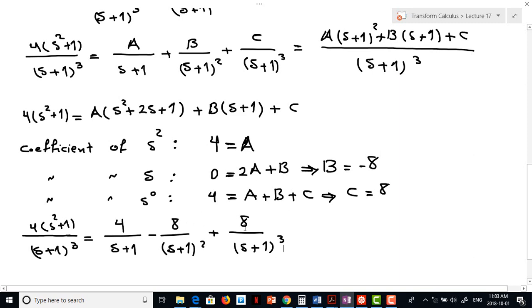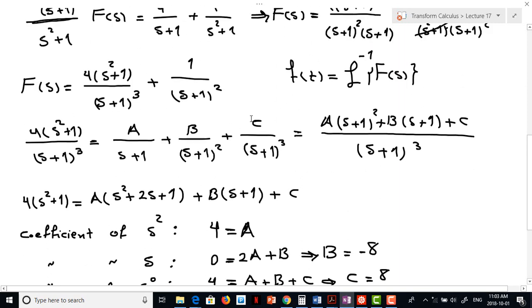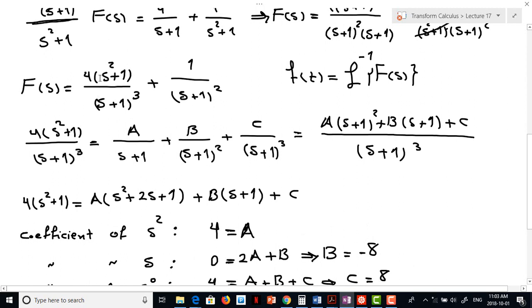So now we have the partial fraction terms. We want to find the Laplace inverse of F(s). F(s) is 4 times (s squared plus 1) over (s plus 1) cubed plus 1 over (s plus 1) squared.